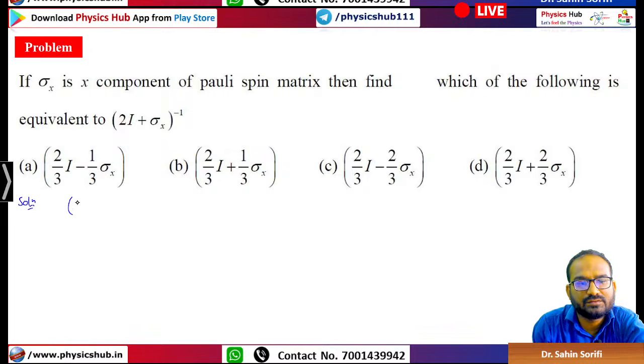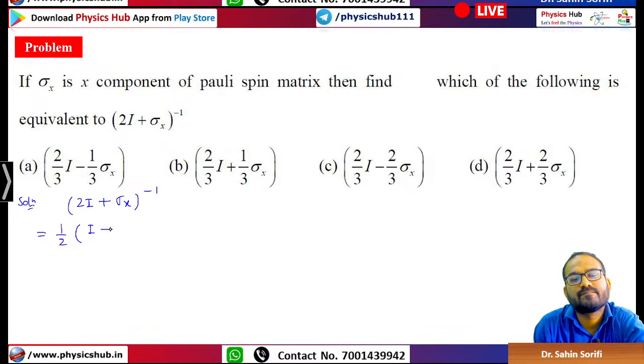What we have to find out? (2I + sigma x) inverse. If I take 2 common, so 2 inverse means 1 by 2, I plus sigma x by 2, inverse.